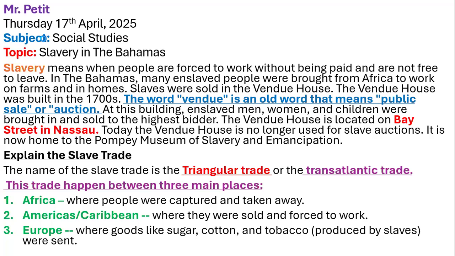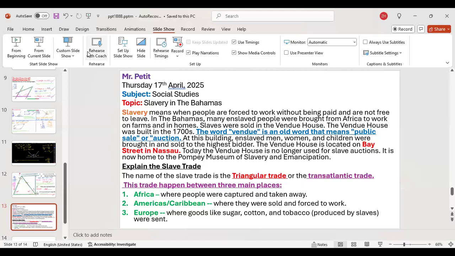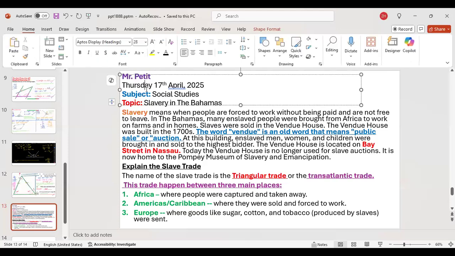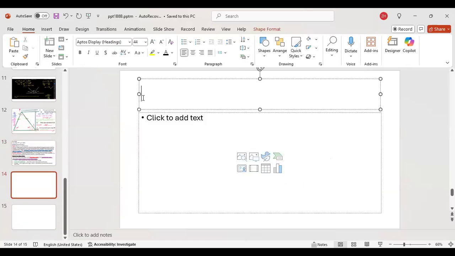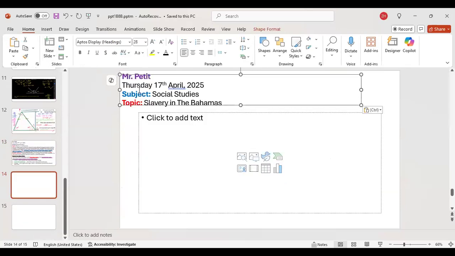Letting us out early. I can't do that. Your parents pay too much money. Hardworking parents. Good night, Mr. Petit. Good night.